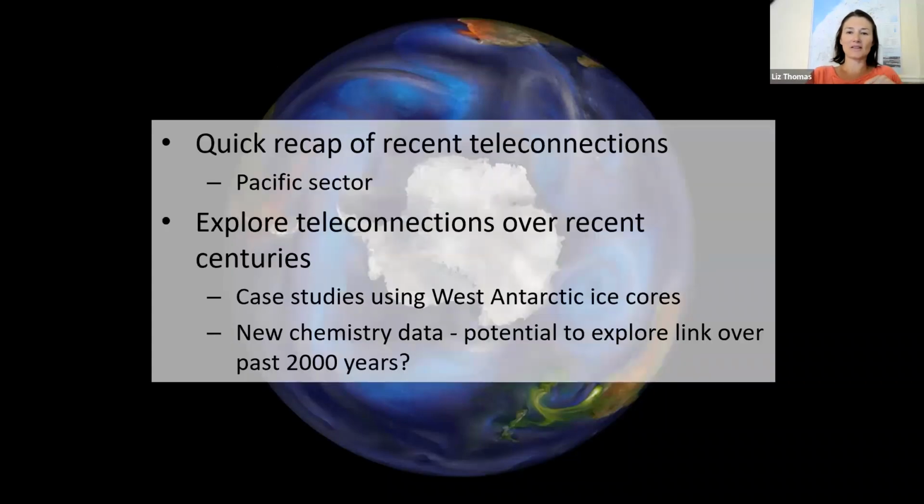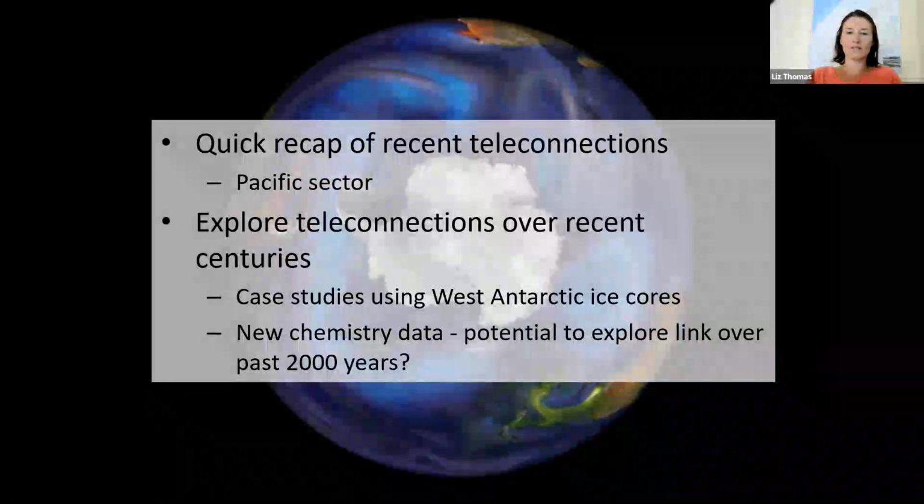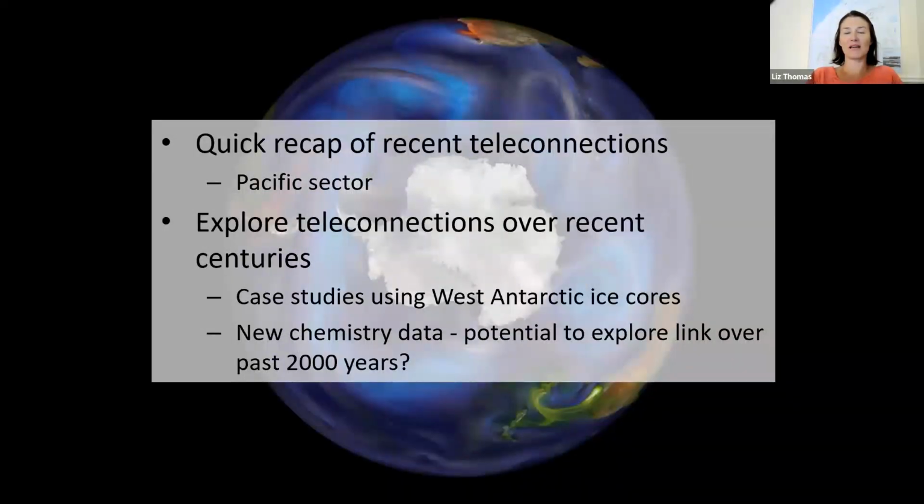The structure of my presentation is this: I'm going to do a really quick recap, because I was hoping, and it's already been done, that there would be a thorough evaluation of the teleconnections for Antarctica, particularly West Antarctica, so I'll skip over that quickly. Then I'll move on to looking at these teleconnections over recent centuries and how ice cores provide a way of looking back further in time to explore the teleconnections between different regions.